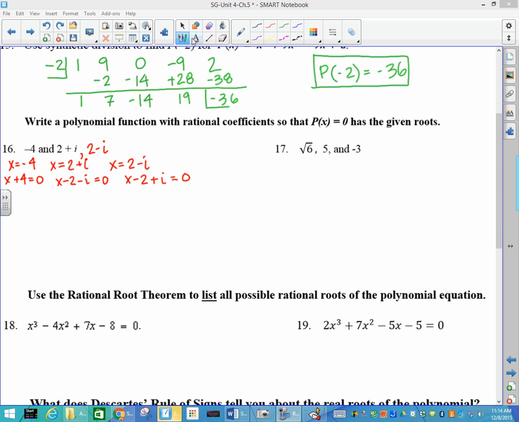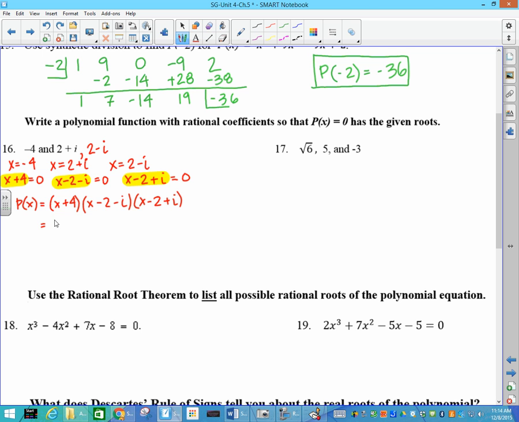Okay, and now as we have talked about, each of these is a factor of your polynomial. So what you're writing is p of x equals x plus 4 times x minus 2 minus i, x minus 2 plus i.